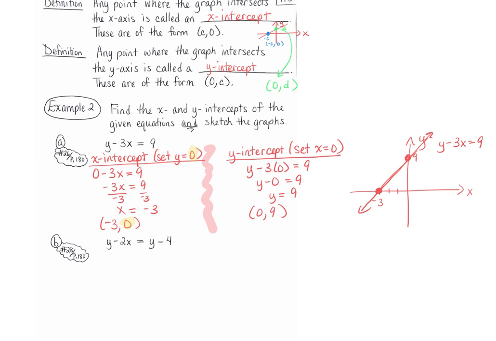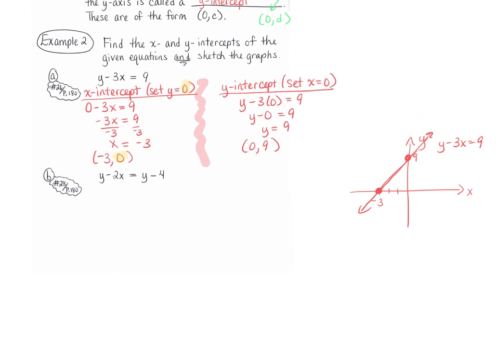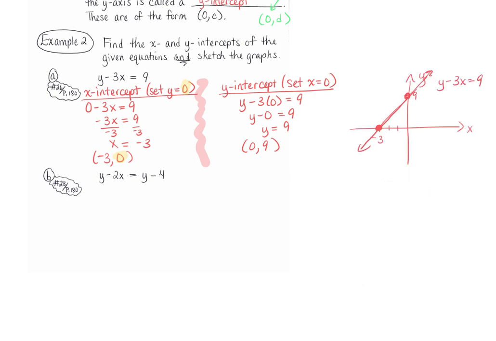Okay, perfect. Pause the video and do part B. You have y minus 2x equals y minus 4. Okay, now let's keep moving. Did you pause your video and try it? Hopefully you did. Now let's continue. Remember, our goal is to find the x and y intercepts of the given equations and sketch the graphs. So we have y minus 2x equals y minus 4. Let's find our x-intercept.